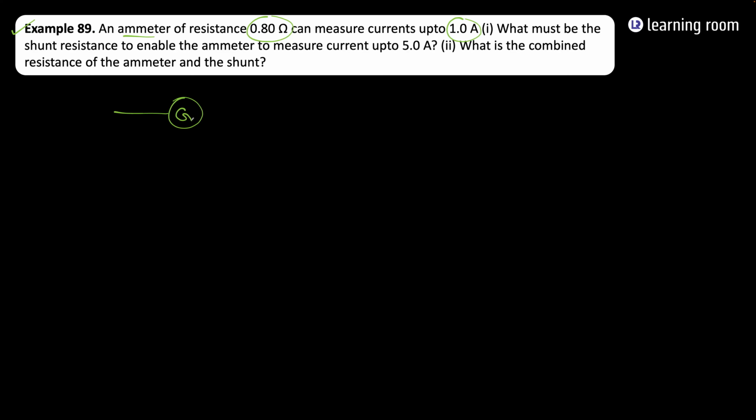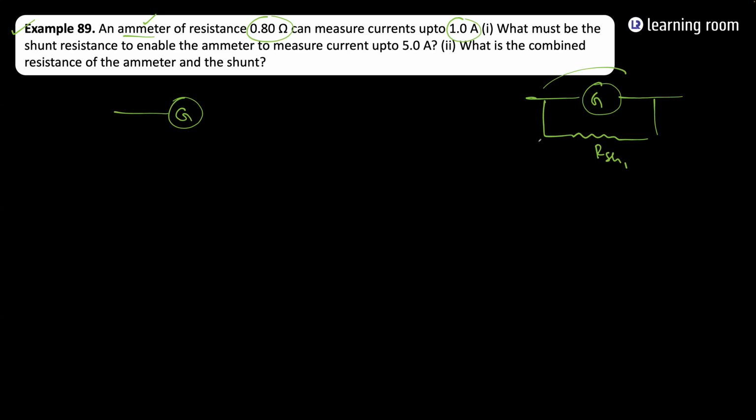So this first device, which is modified, should take the galvanometer's place. Though they use the word ammeter, you should treat it like a galvanometer, or else you will not be able to proceed. Are you able to understand why you're doing it? The original galvanometer was already connected to a shunt resistance, let's say RSH1.